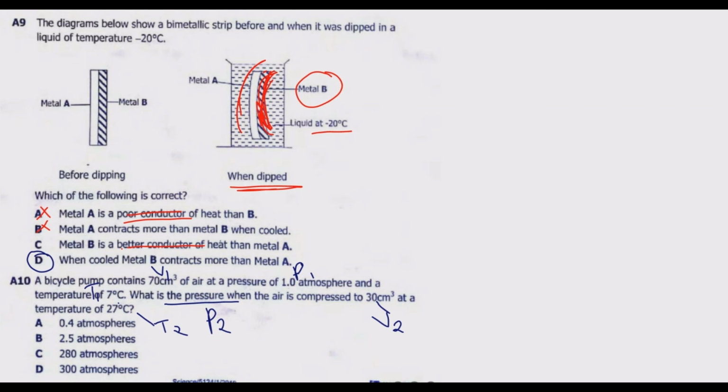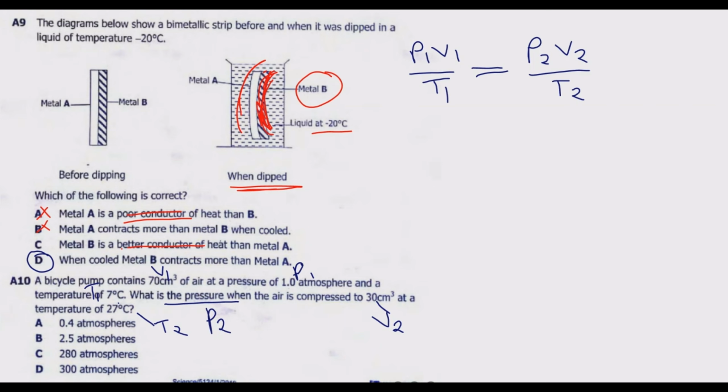This states that the product of pressure 1 and volume 1 divided by temperature 1 is the same ratio as the new pressure multiplied by the new volume divided by the new temperature, with temperatures in kelvins.